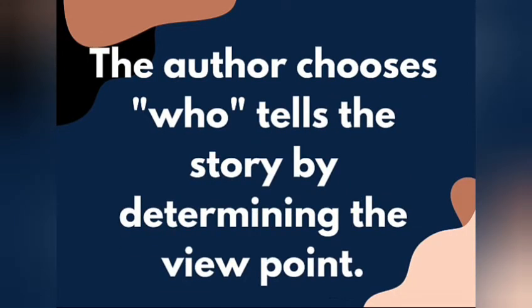The author chooses who tells the story by determining the point of view, who is placed in inverted commas, because the narrator does not necessarily have to be a human being.